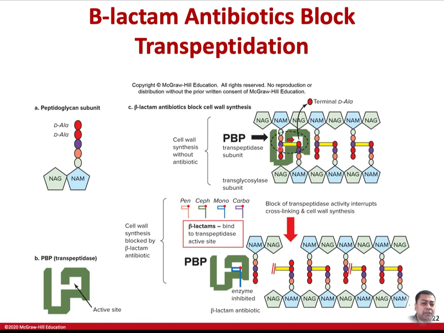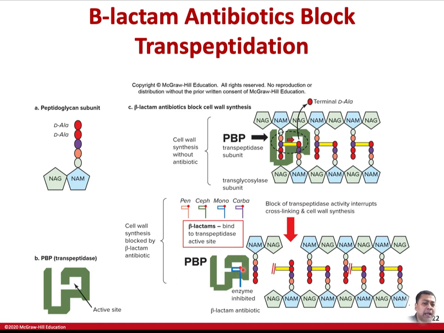Now, what happens is that you can easily see that penicillin specifically binds to this particular area. Penicillin, cephalosporin, monobactam, carbapenem: these are all different types of beta-lactam, and all of these antibiotics, we just talked about the penicillin, but we are going to talk about the cephalosporin, monobactam, and carbapenem as well. All of them bind to the site of this penicillin binding protein or the transpeptidase and block its active site.